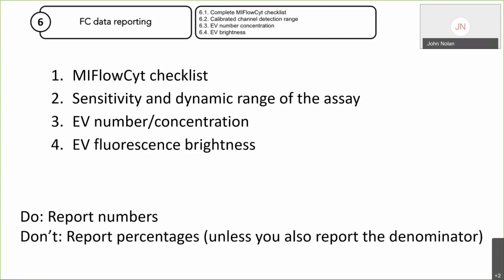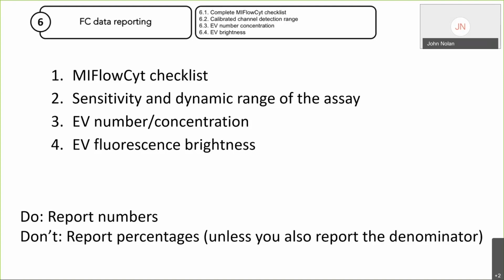It's important to not only report the measurements you made, but give the reader some idea about what the sensitivity and dynamic range of the assay you used was. Important to report your EV numbers in terms of a number or a concentration, notwithstanding the pervasive habit in flow cytometry of reporting things as percents.